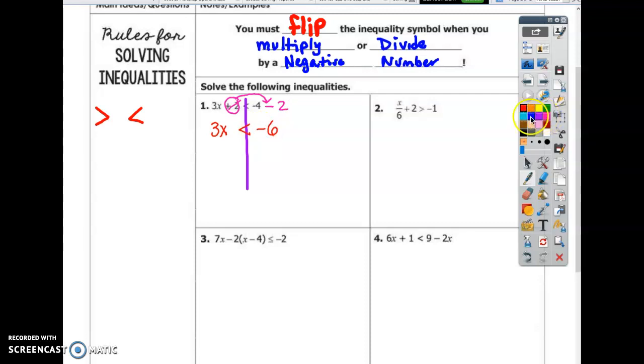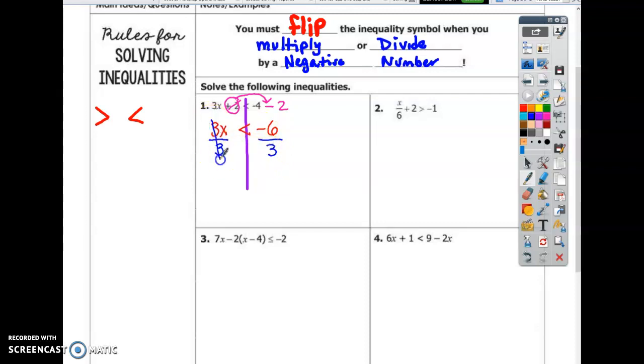The last step is to multiply or divide. There's a 3 in front of the x, so I'm going to divide both sides by 3. Am I multiplying or dividing by a negative number? Is this a negative number? No. This one is, but that's not what I'm asking. I'm asking, did I multiply or divide by a negative number?